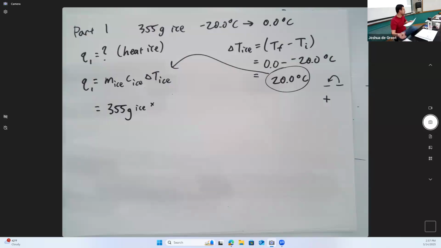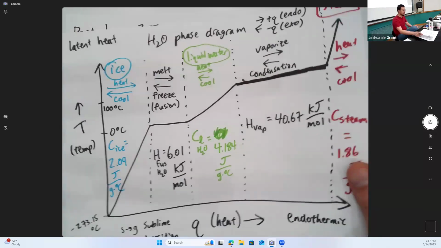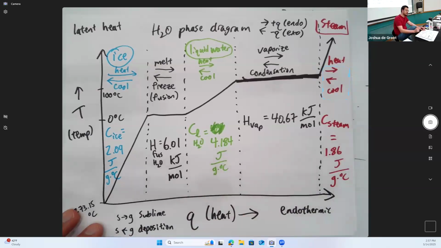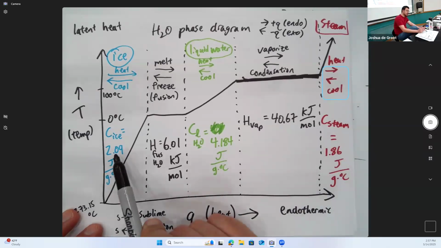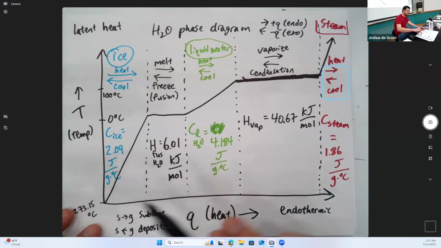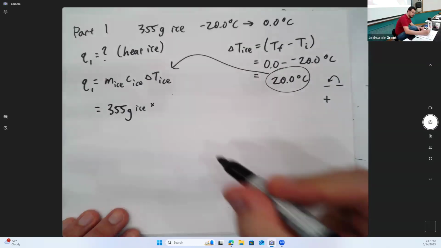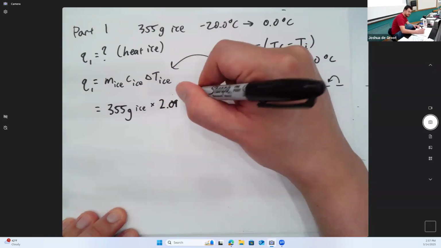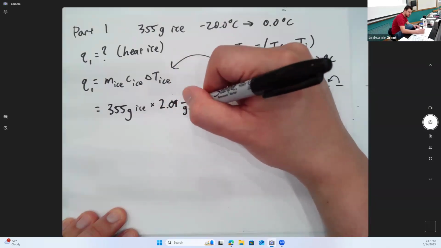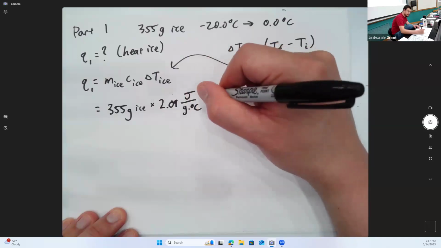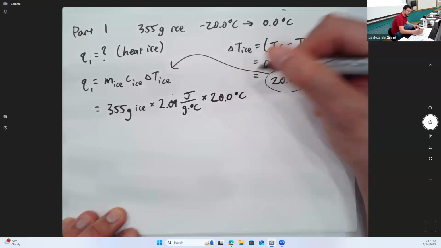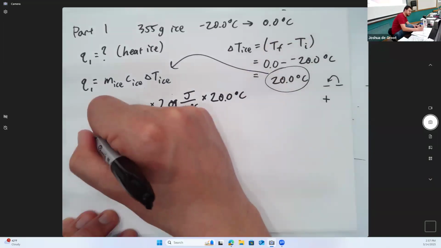So we have to really make sure we're pulling the correct one of the 5 different values provided. We need the 2.09. And then we lastly multiply by the delta T.